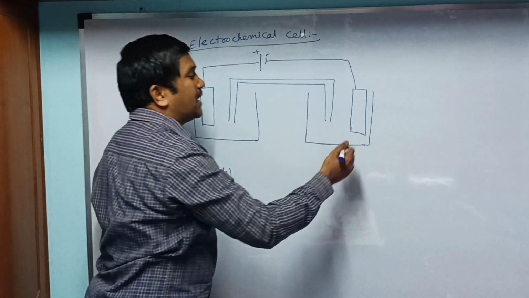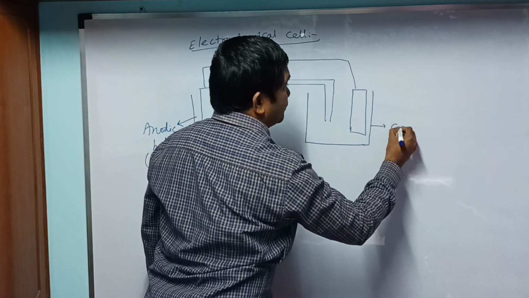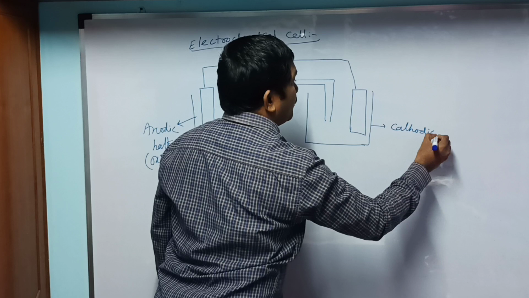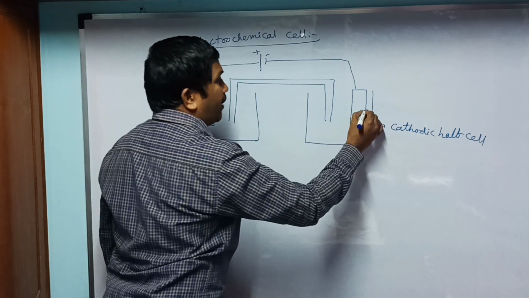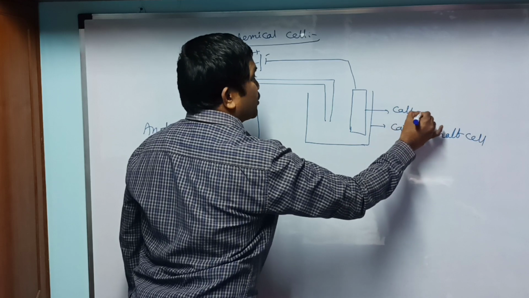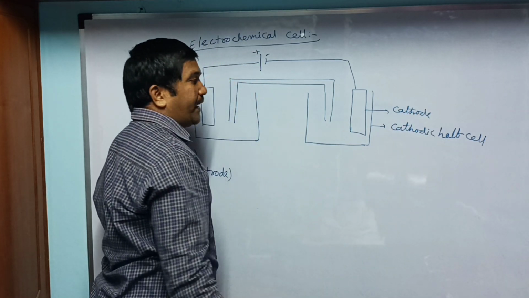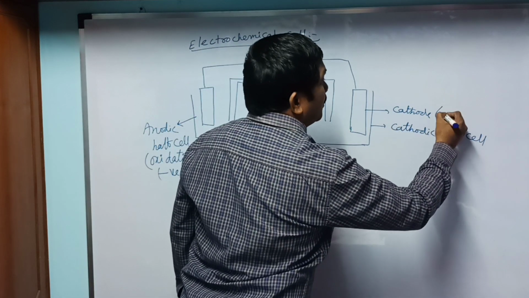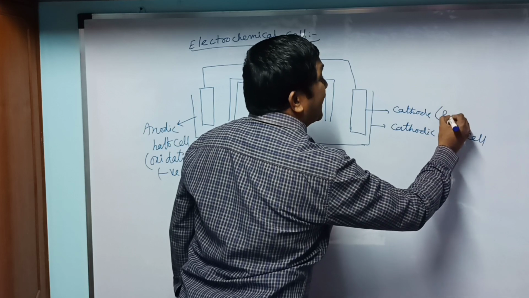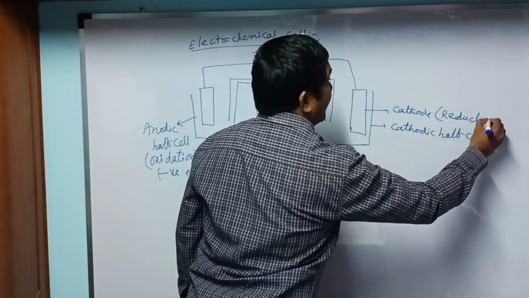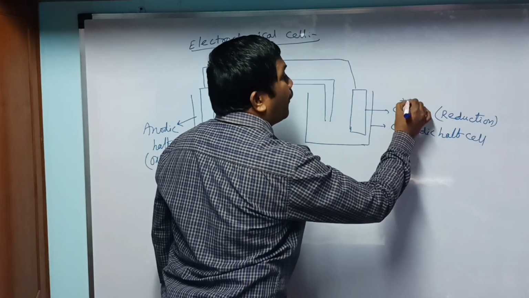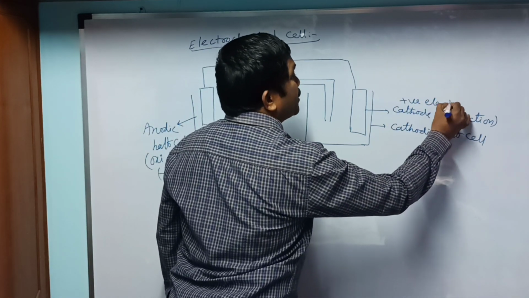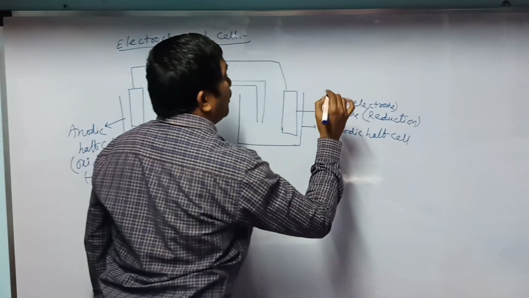This right side half cell is called cathodic half cell. In this cathodic half cell, cathode is present. At cathode, reduction takes place. This cathode is the positive electrode.